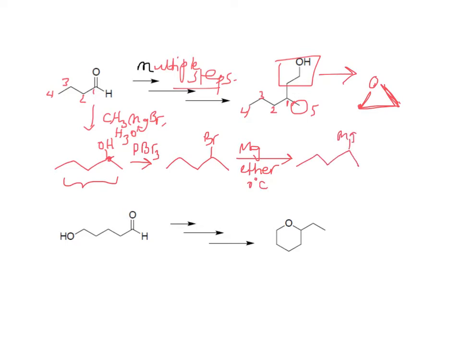That gives you MgBr. We have set the stage that this is negative now. That negative is going to attack, the ring will open, and after hydrolysis, it will give you the compound of your choice, so 6 and 7.